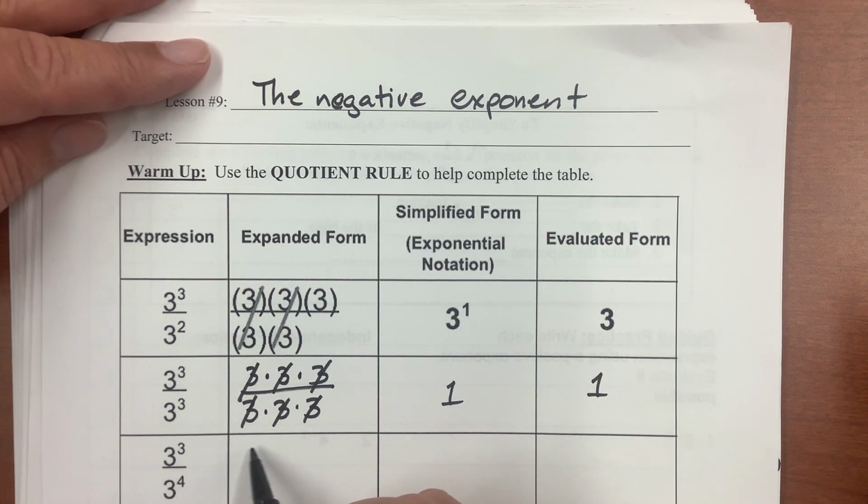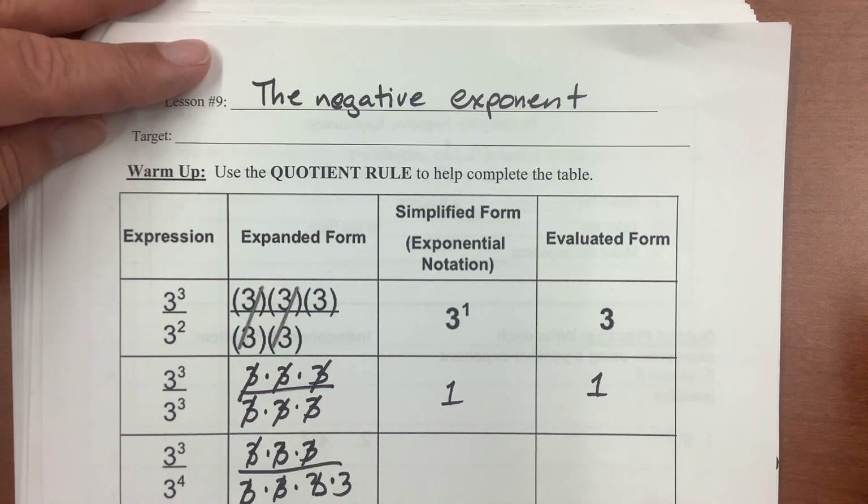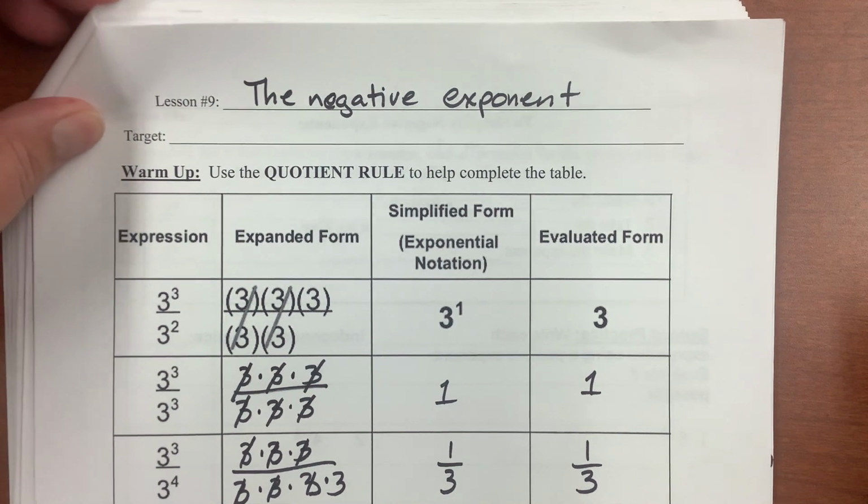For this one, 3 times 3 times 3 over 3 times 3 times 3 times 3. What's going on here? 1 times 1 times 1 over 3, which is the evaluated form, 1/3. And now it gets interesting.